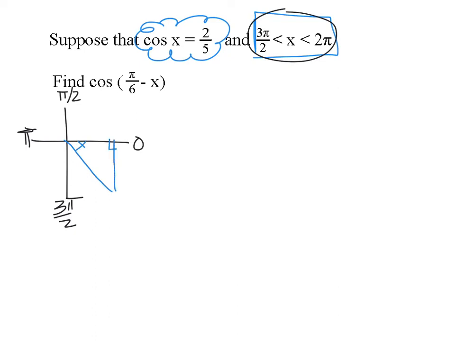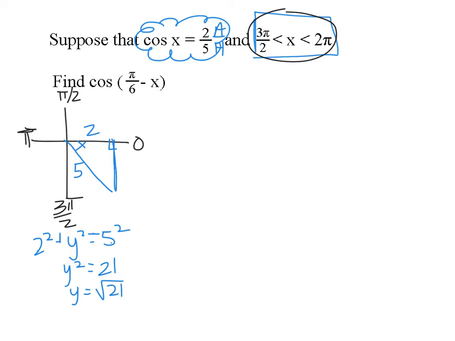And then cosine of that angle is 2/5. Cosine is adjacent over hypotenuse, so 2 here and then 5 at the hypotenuse. We just have to find our vertical side, so 2 squared plus our vertical side length squared is equal to 5 squared. So y squared equals 25 minus 4, which is 21. So y equals the square root of 21. And this is a negative value, so negative square root of 21.